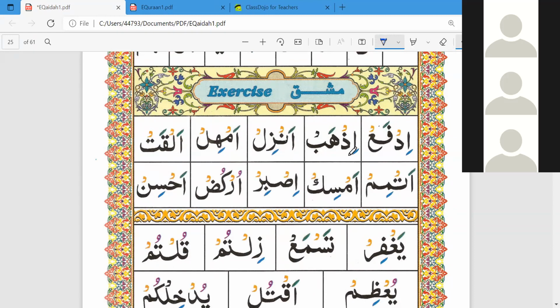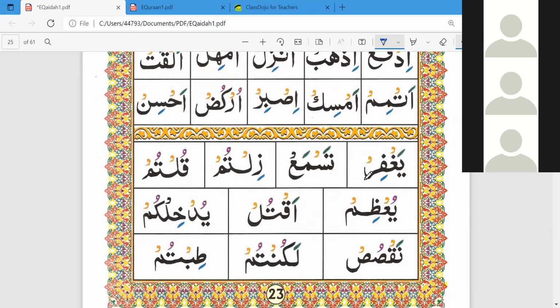Idfa, idhab, that is one of it. Anzil, alif fatha, no sukun, an, zain kasra zi, anzil, lam sukun, zil, anzil, amhil, alif fatha, mim sukun, amhil, alaqat, amsik, isbar, urqud, ahsin, yaghfir, tasma, ziltun.